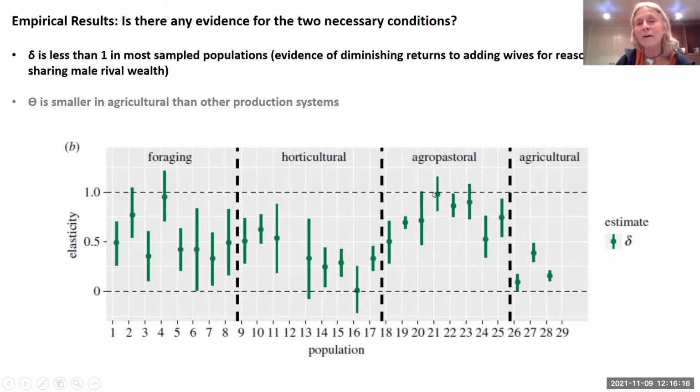And in these agro-pastoral populations where there's some overlap with 1, these are populations where there's very high potential for co-wife cooperation, which may, in a sense, eliminate or at least cancel out the other costs of having to share a husband. But for the most part, delta is well below 1, so that's consistent with our model. And also note, of course, it's pretty low for the agricultural populations, which is what we would expect given how monogamous they are.